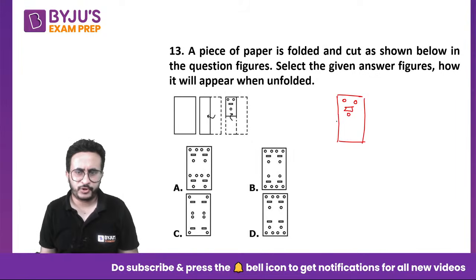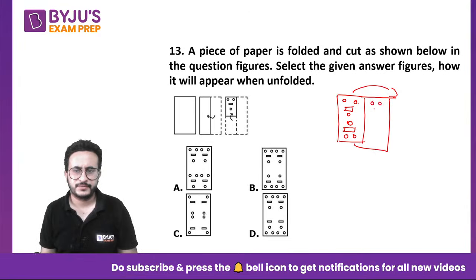So this was at the bottom, this will come to the top, this is at the center, it will remain at the center, and two dots were at the top, two dots will be in the center. Okay, now when we reopen it, we should get exactly the copy of this, exactly the same thing like this. Okay, that is option B.